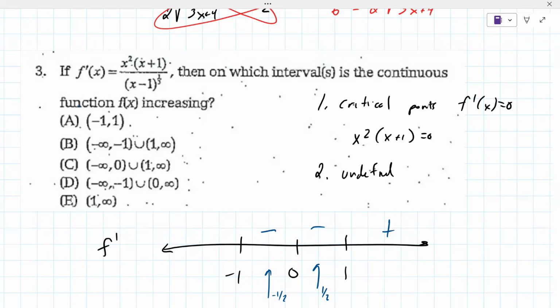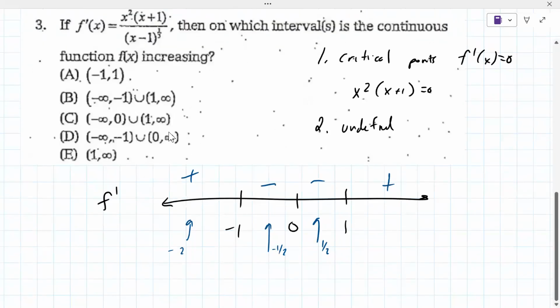Okay, so there's an interval there. How about like -2? Positive. It is positive. So that is how you figure this out. So what would the answer be?